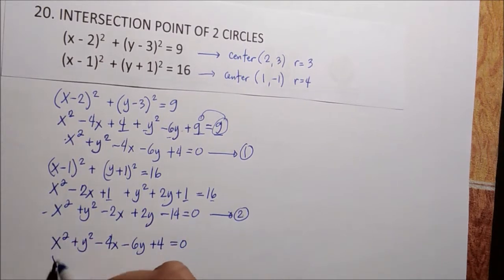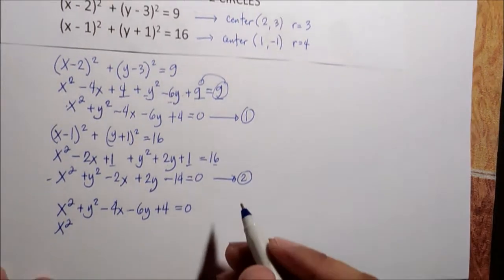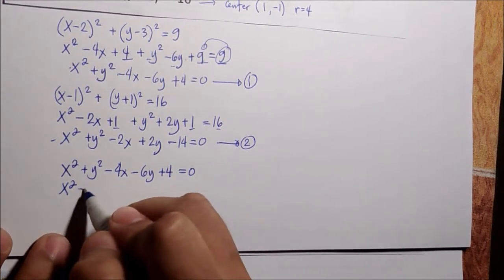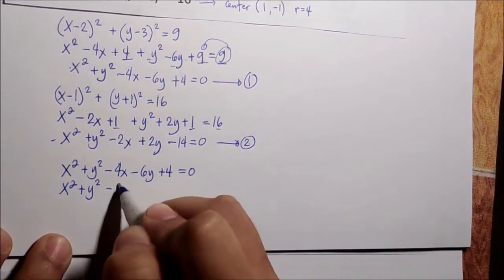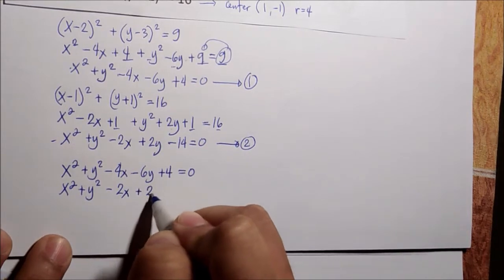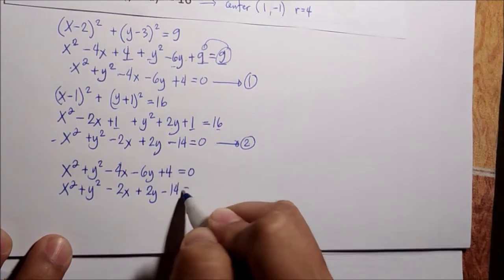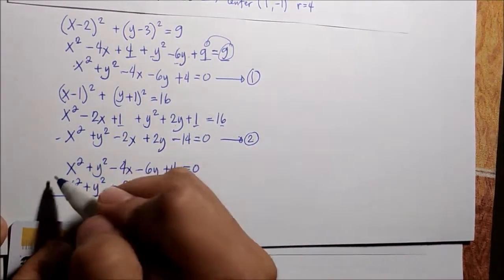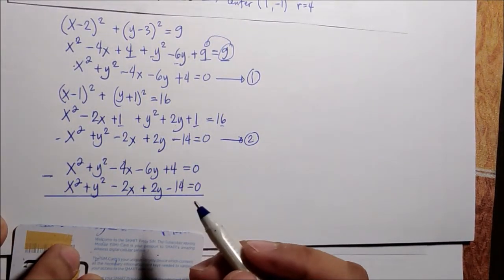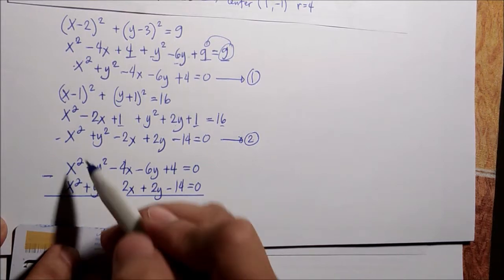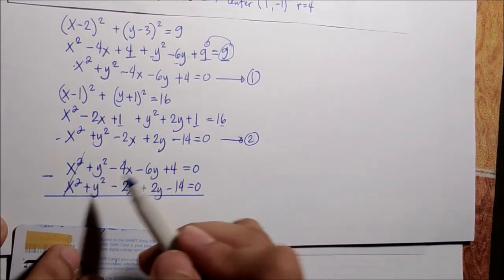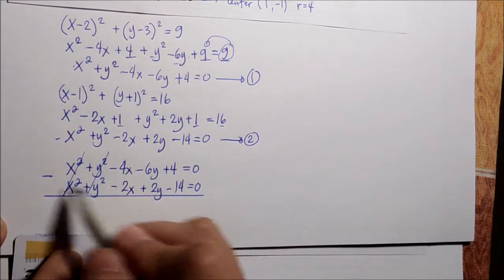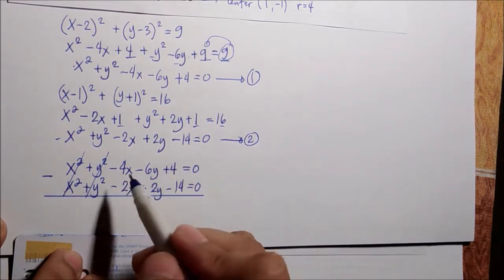The second one, x squared plus y squared minus 2x plus 2y minus 14 equals 0. Let's eliminate x squared and y squared by subtracting. So subtracting this one, this will be eliminated. This will be eliminated. Okay, minus 4x minus 2x.